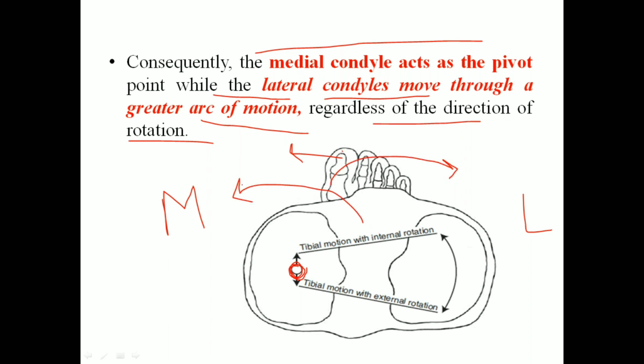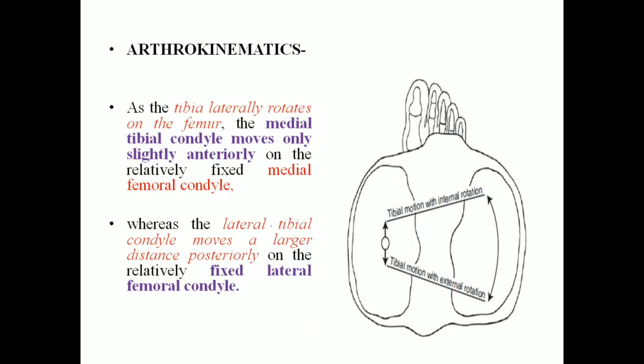Whenever we do medial rotation or lateral rotation, the medial condyle of tibia will move in a shorter arc. It will move very slightly, but our lateral condyle will move in a greater arc of motion. This we need to remember.